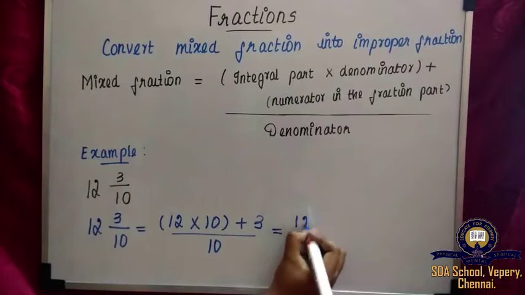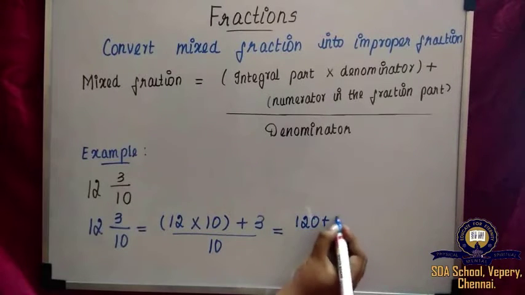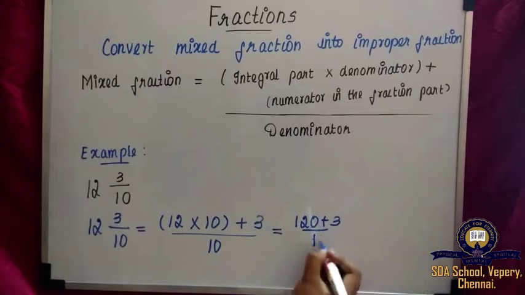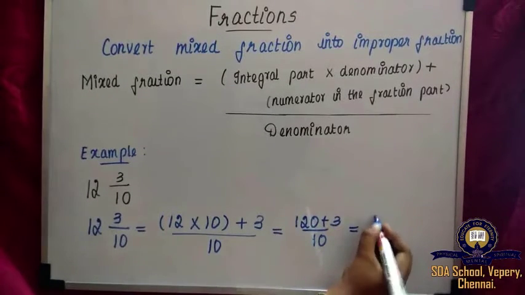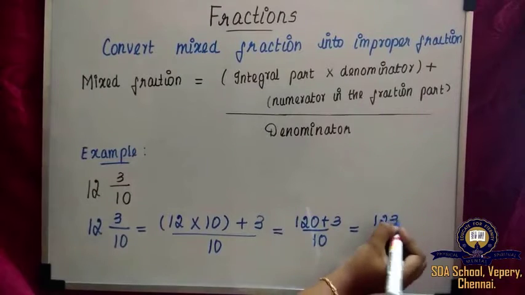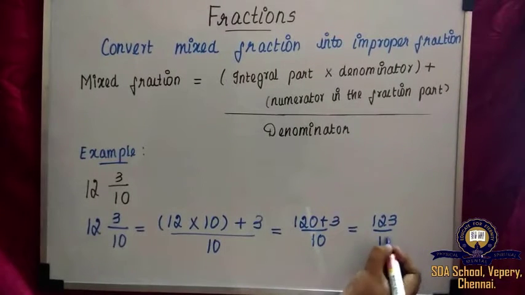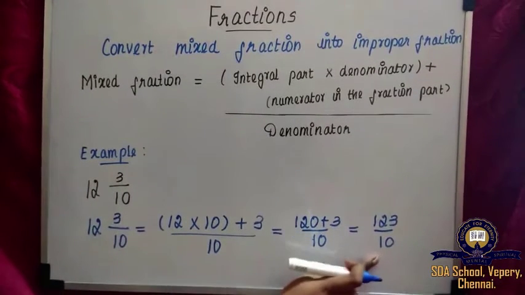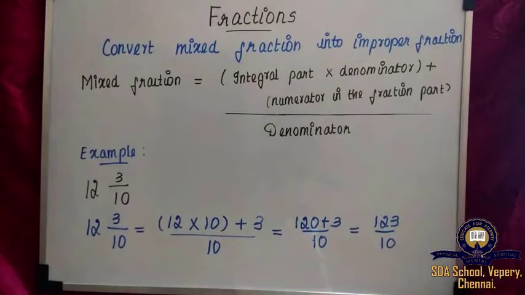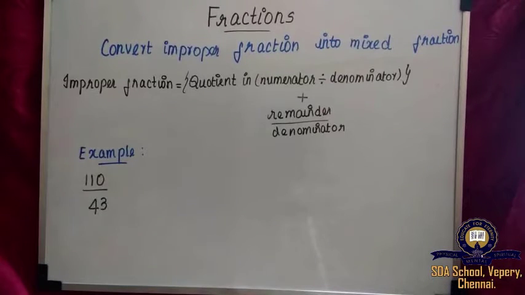So it is 120 plus 3 divided by 10, which is equal to 120 plus 3 is 123 divided by 10. So now we have converted the mixed fraction into improper fraction. So 123 by 10.